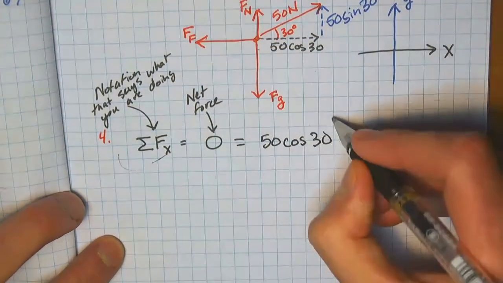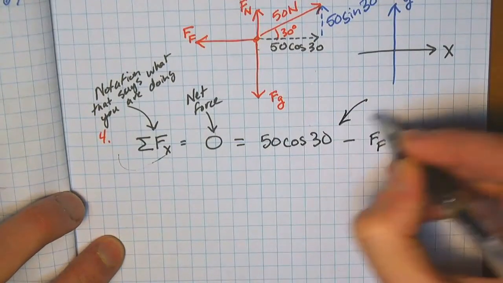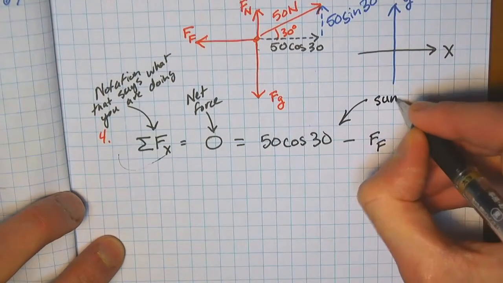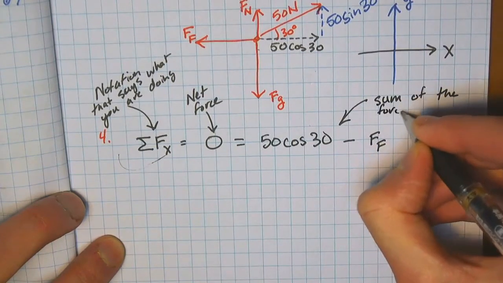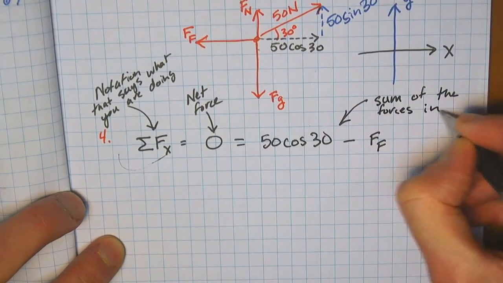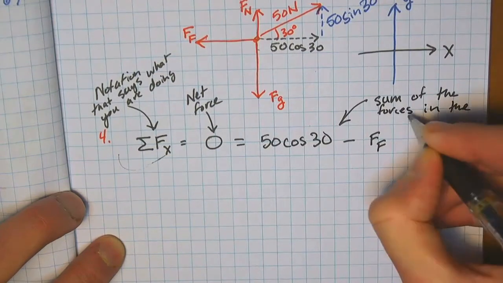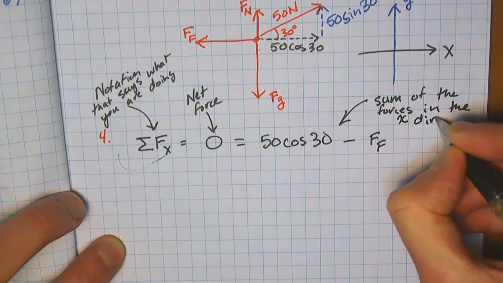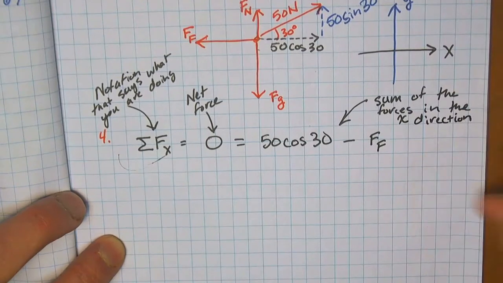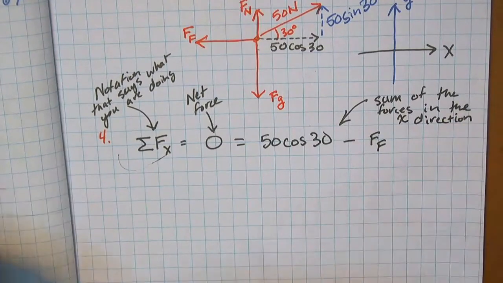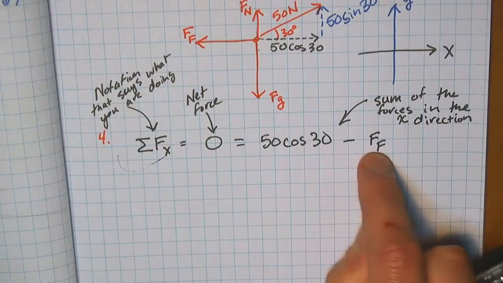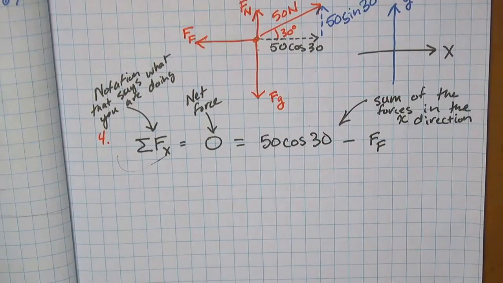Okay, and when I say sum, what I really mean is the forces to the right minus the forces to the left. So it doesn't necessarily mean sum, sure, I guess it's plus negative force of friction, but I don't generally write it that way.